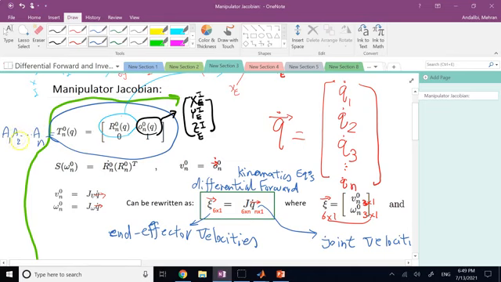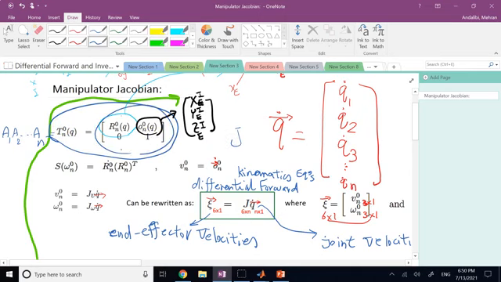Each one came from one row in the DH table. We form each one of these A's and multiply them together. That gave me my T, and so that gave me my rotation matrix and O. Now that I have this general homogeneous transformation matrix between end effector and base, can I find the J matrix based on the result of this T?